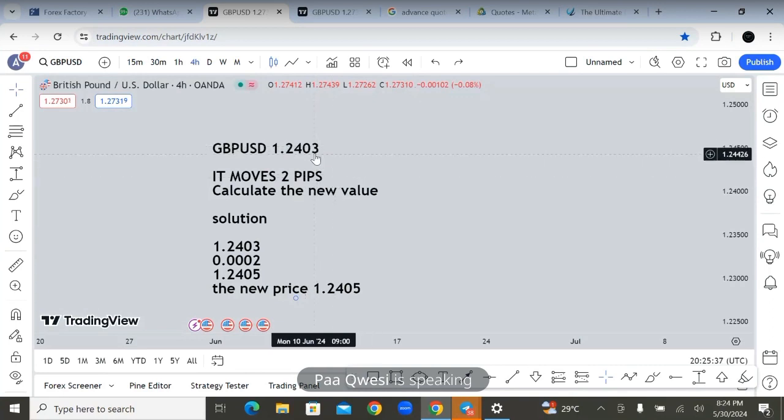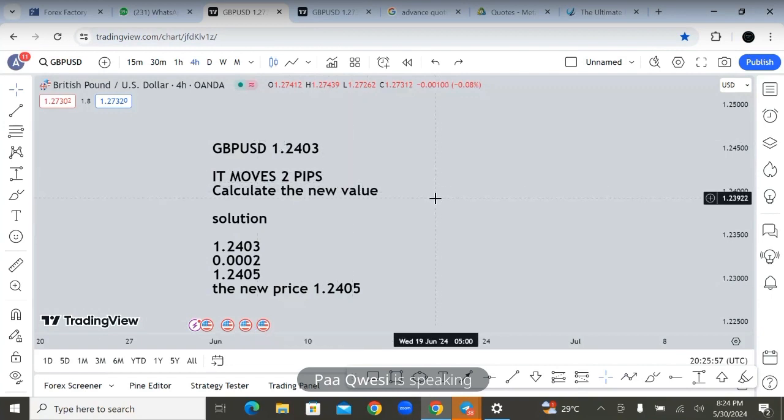As I explained, pips are calculated on the fourth decimal place. So you are going to add 2 to the 3. 2 plus 3 will be 5. So 1.2405 will be the new value or the current exchange rate for GBP USD.